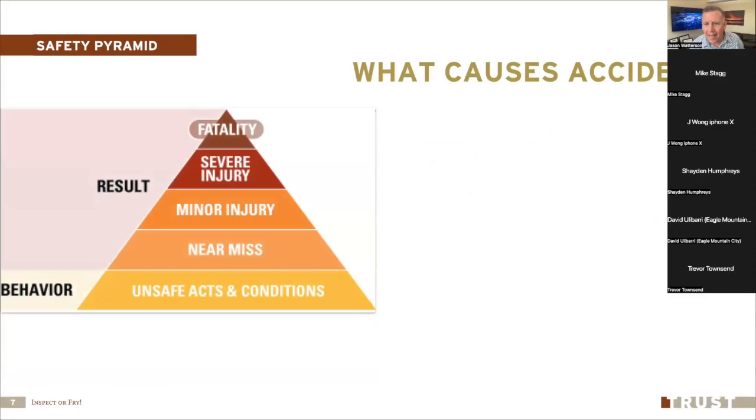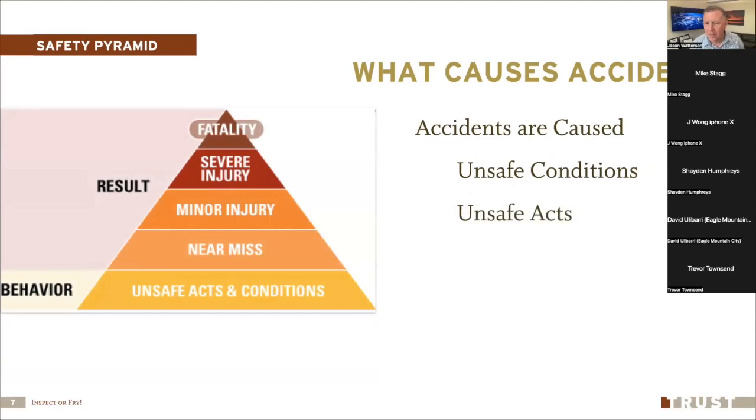Well, number one, accidents are caused. Accidents are caused by unsafe conditions, unsafe acts, and so that can be associated with people, the things that they do or don't do. It can be associated with a natural condition that's out there. It could be a condition that we cause based on what we're doing.